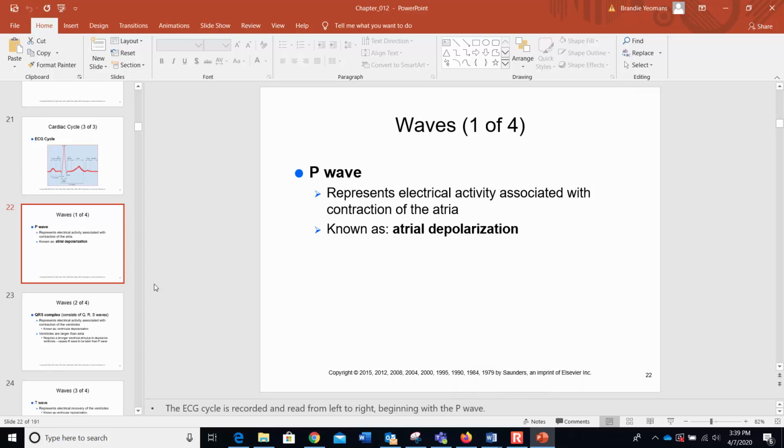The P wave is that first little bump that you see in that cardiac cycle, and it represents the contraction of the atria. When we're contracting the atria, this is known as atrial depolarization. Atrial depolarization. This is very important.